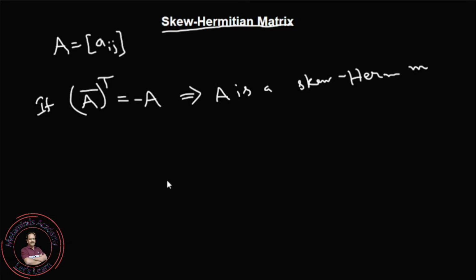And coming to the next concept, it is the unitary matrix. If you remember, in the previous video we discussed symmetric matrix, skew symmetric matrix, and orthogonal matrix. These are related to real matrices.